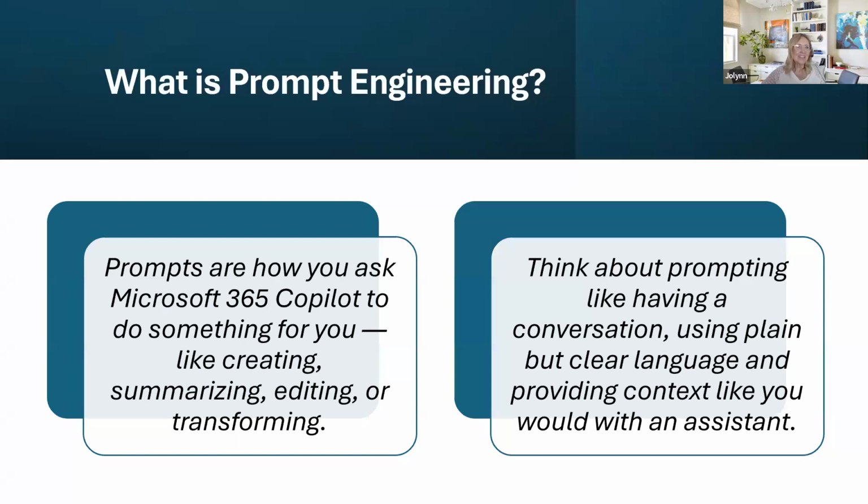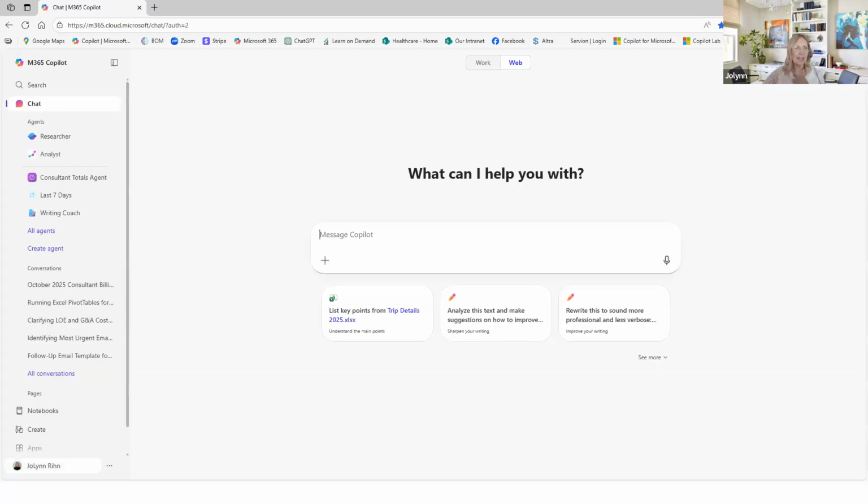So let's go ahead and dive into, first off, what exactly is prompt engineering? Well, prompt engineering is about how you communicate with Copilot. I will be using Copilot 365. I have a business account, so it's a paid for version, not the free version that I'll be referring to today.